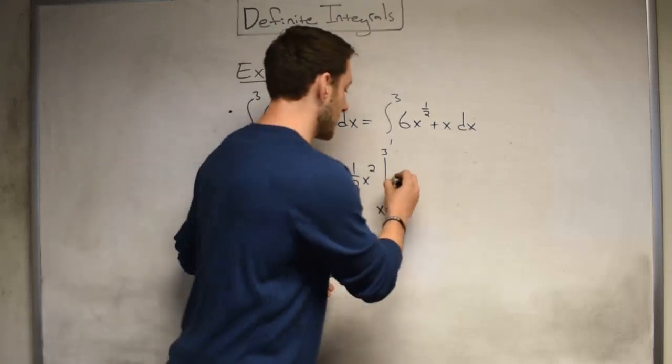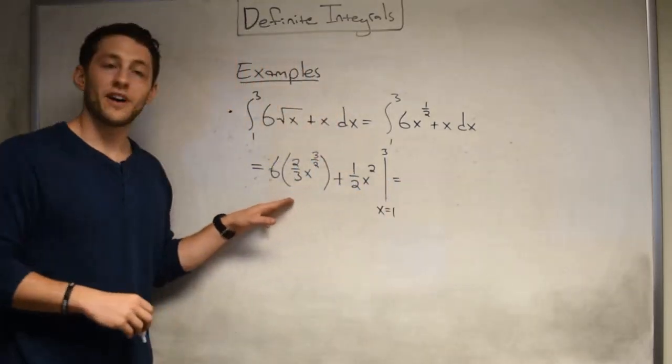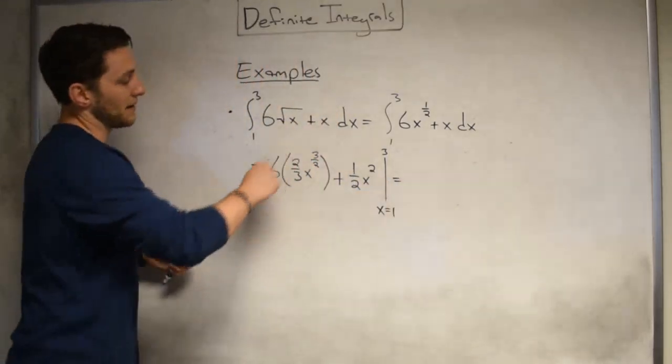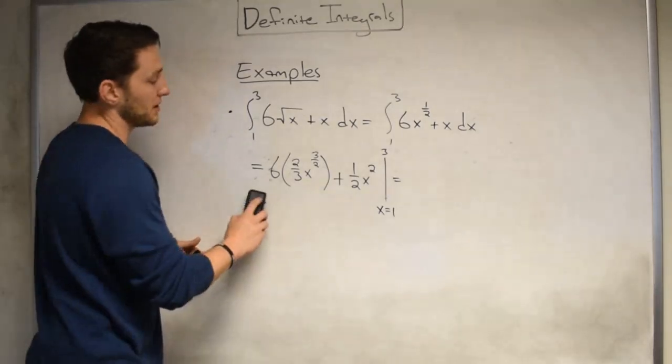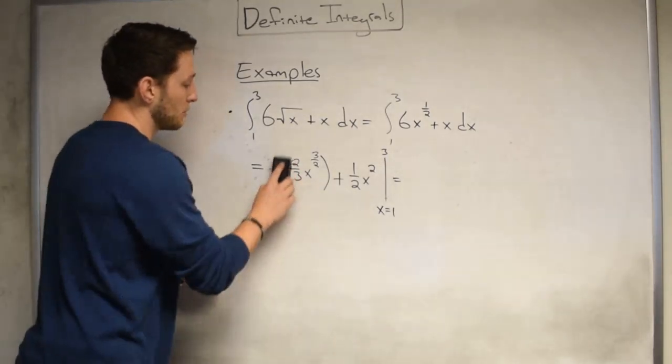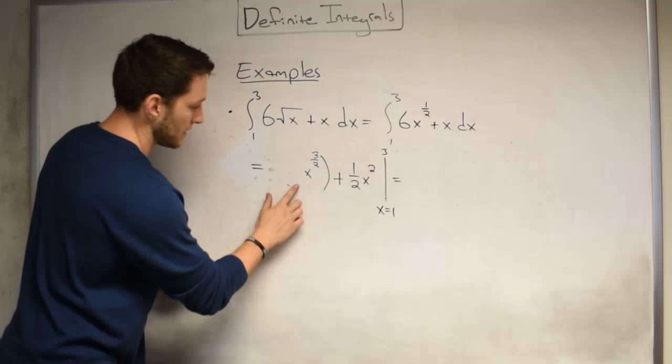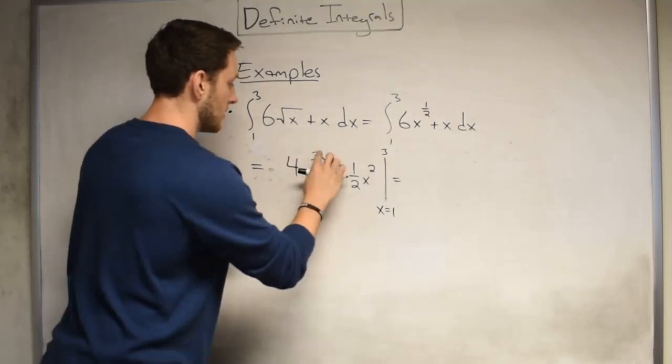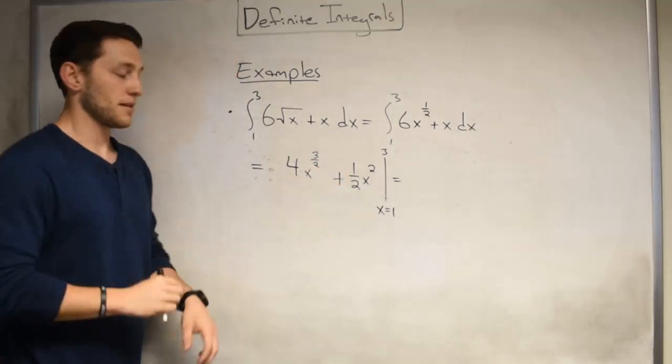We can simplify this real quick: 6 times 2 divided by 3 is 12 divided by 3, so we'll just have a 4 right here. Make our life a little bit easier.